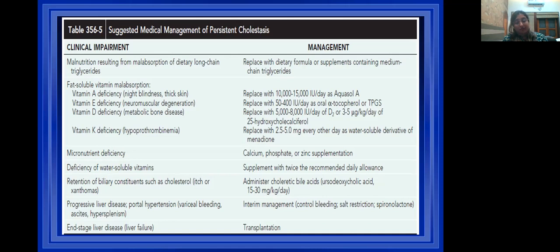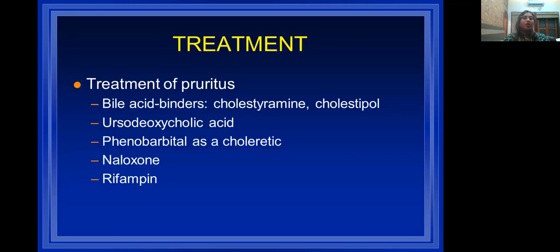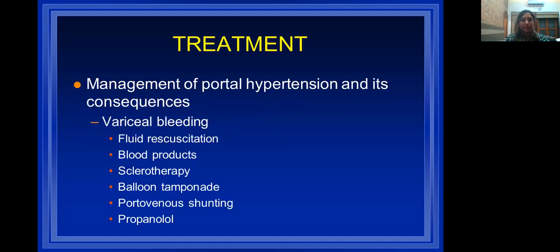For retention, we have to provide choleretics and monitor for progressive liver disease. So treatment of pruritus is done with bile acid binders like cholestyramine, ursodeoxycholic acid, phenobarbital used as a choleretic in this case, naloxone, and rifampin.